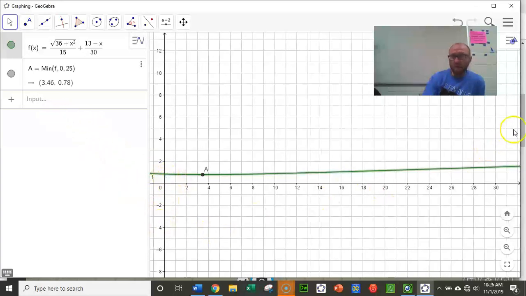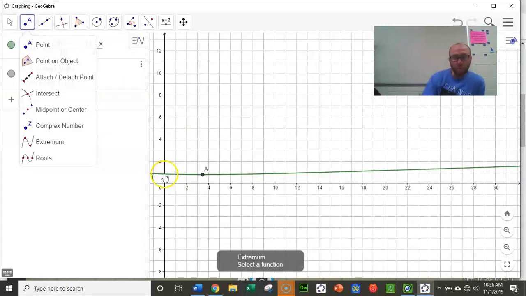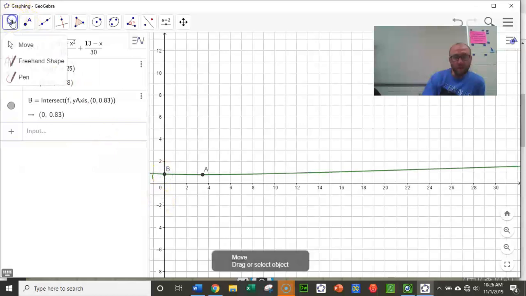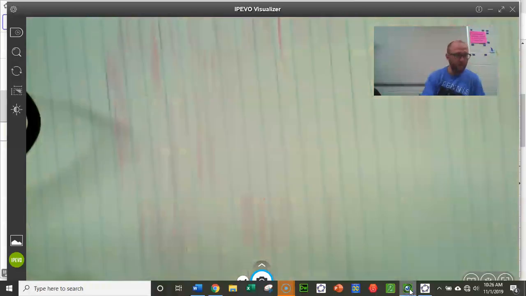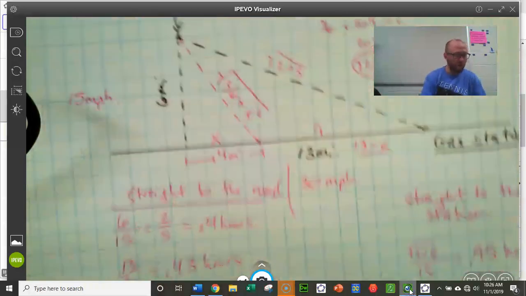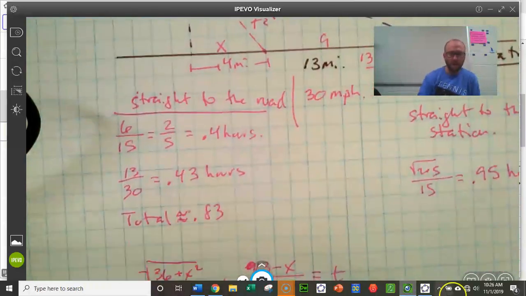You can see here at 0, that was 0.83. That is where we drive straight through the desert to the road, and we got 0.83.